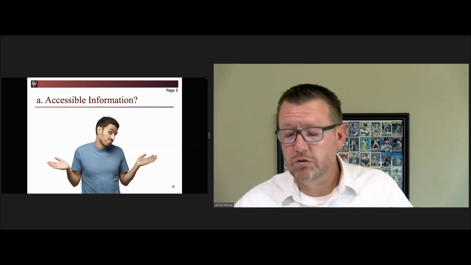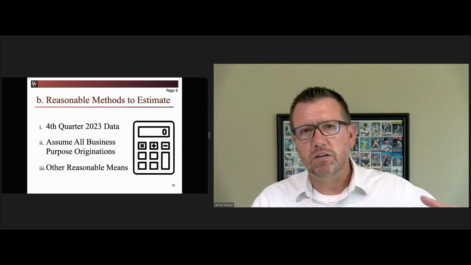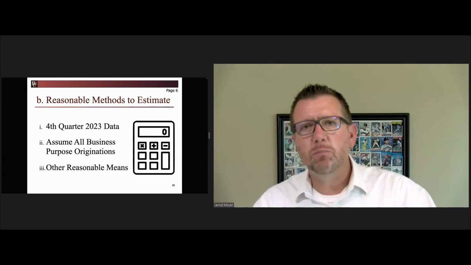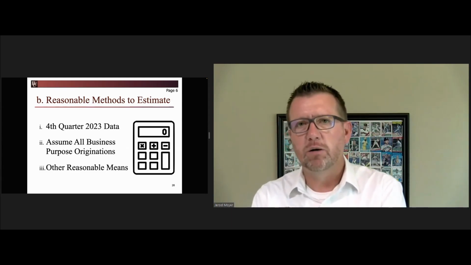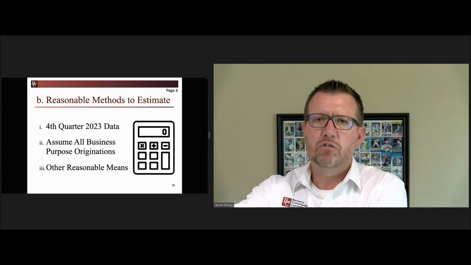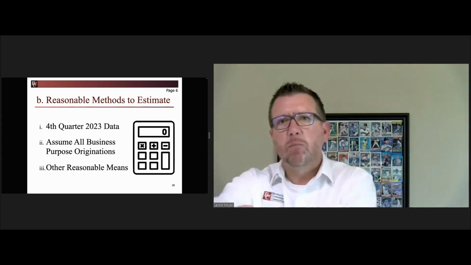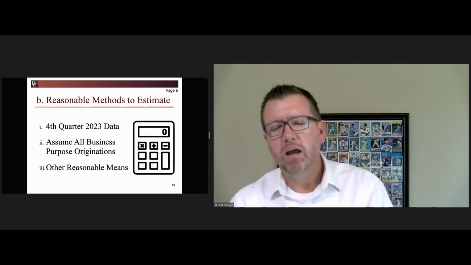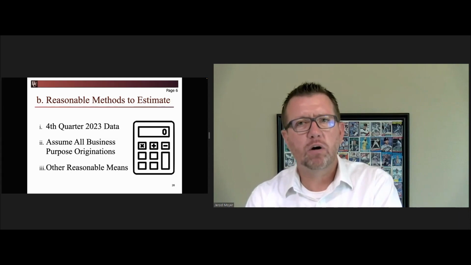So then what are we to do? Well, if you go to page number 6, letter B at the top, says that the regulation is going to give you reasonable methods to estimate your numbers for determining your applicable path, your path to the mandatory compliance date. So one of the options, letter B1, and I think there are many out there that are looking at this one and looking to use it, is that you're going to look at fourth quarter 2023 data.